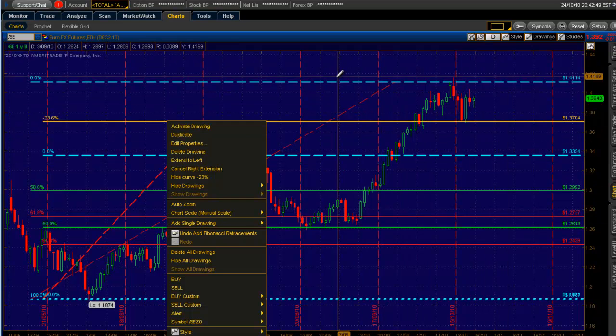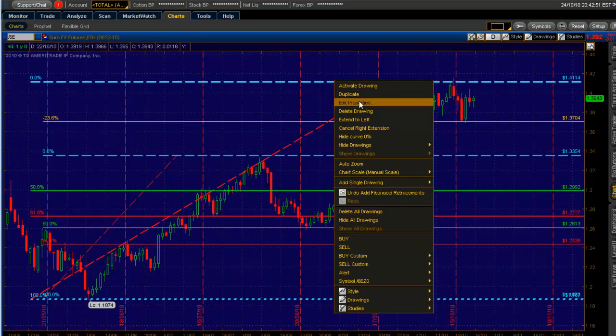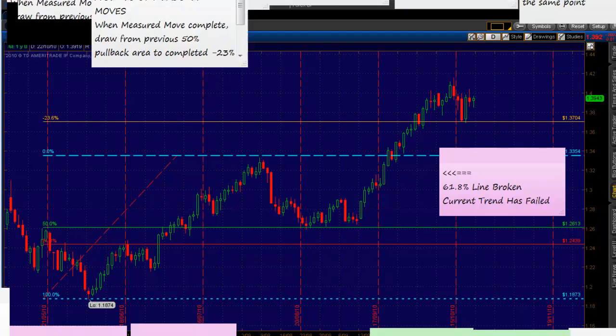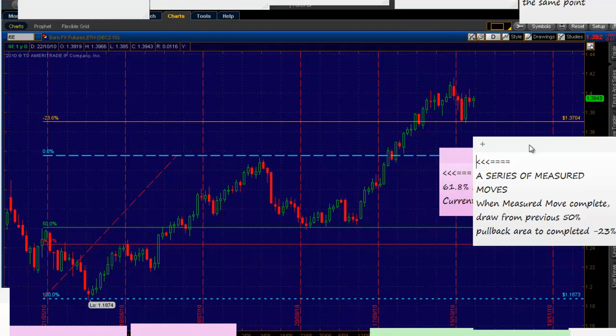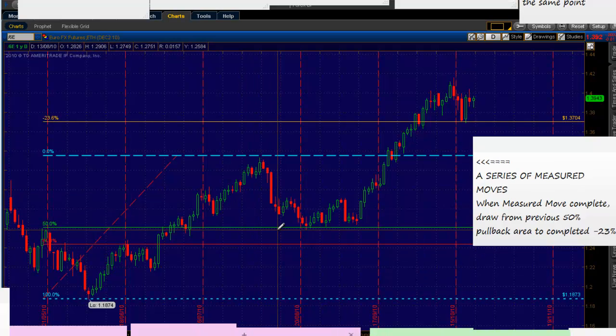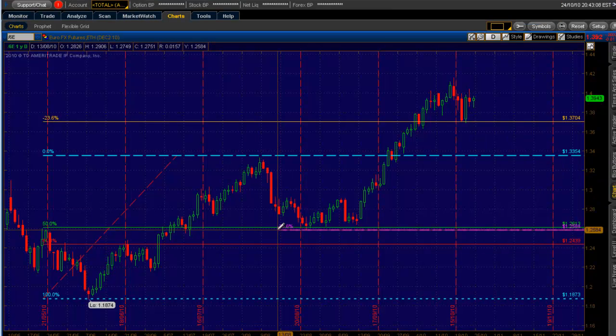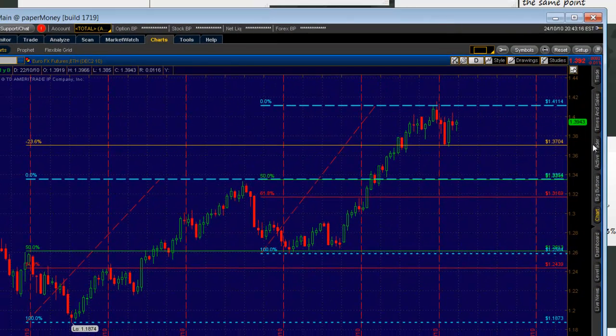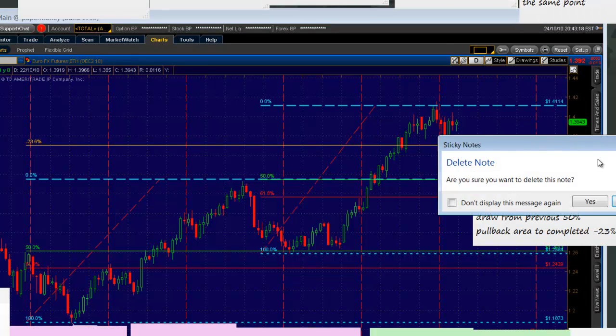before heading higher. However, if it was going to continue on a series of measured moves, then we would take this low here, which was the 50% pullback, we'd go to the new high, and we would have some new targets.